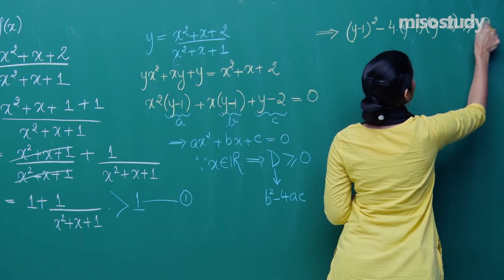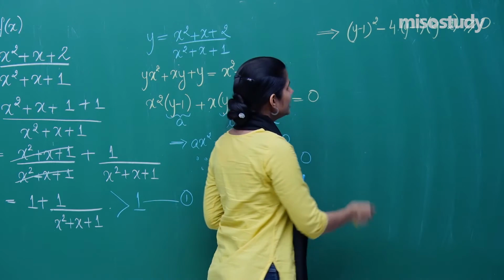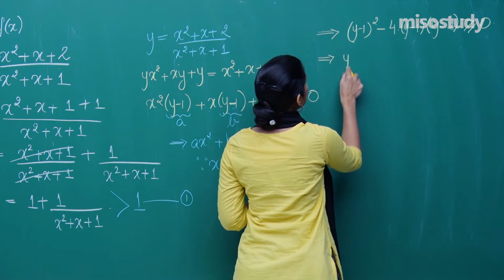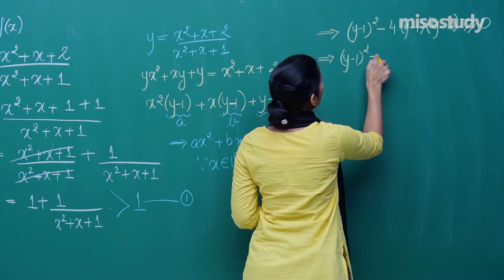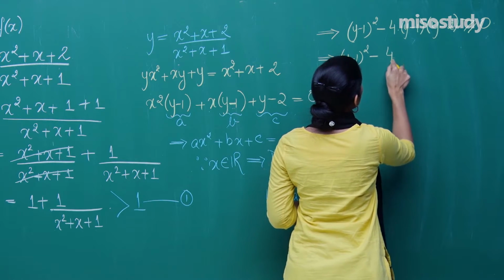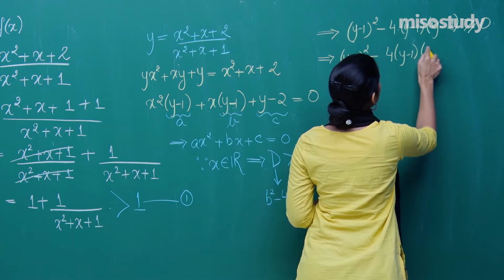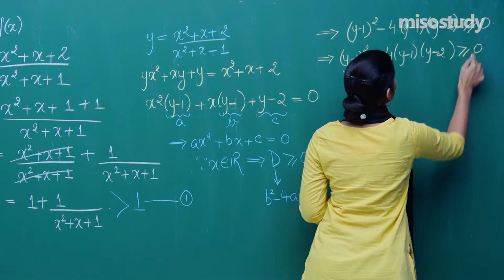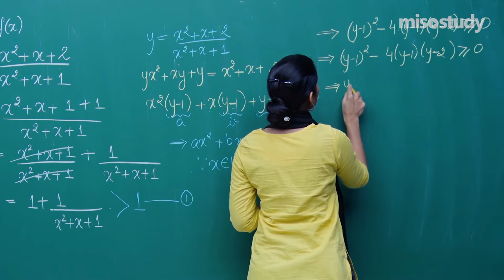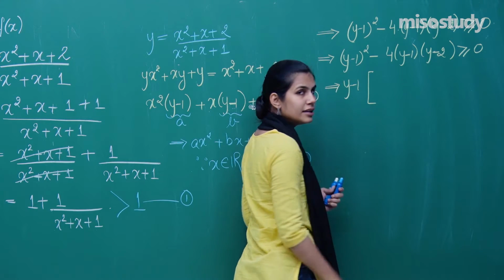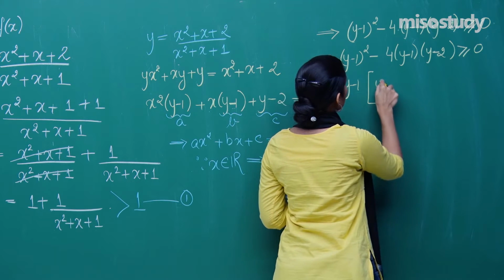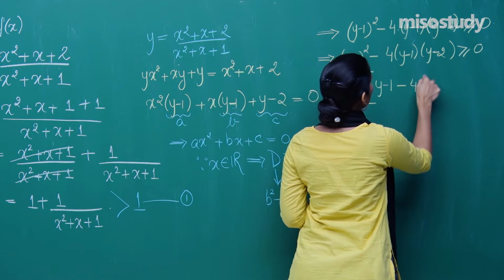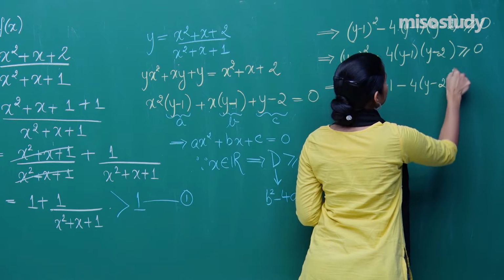This is non-negative. Let's solve it out. You get (y minus 1) whole square minus 4 into (y minus 1)(y minus 2) is greater than equal to 0, which I can take out my y minus 1 common and get inside the bracket y minus 1 minus 4 times (y minus 2).